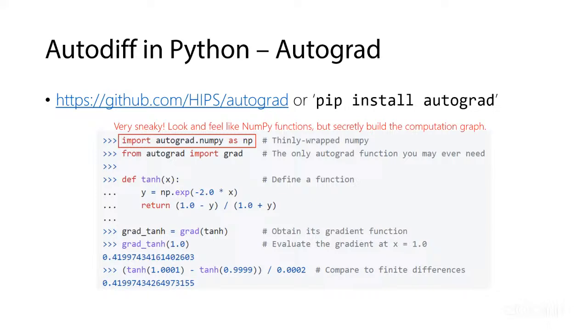But internally, in terms of the way that the computation is performed, now there's an internal computation graph constructed, so that when you do grad tanh, you create a gradient function for tanh. And then that function, again, is a function, so you can just throw in a number like this, and it will evaluate the gradient of tanh in that manner using the automatic differentiation algorithm. So this is really a fun and useful library to know of.